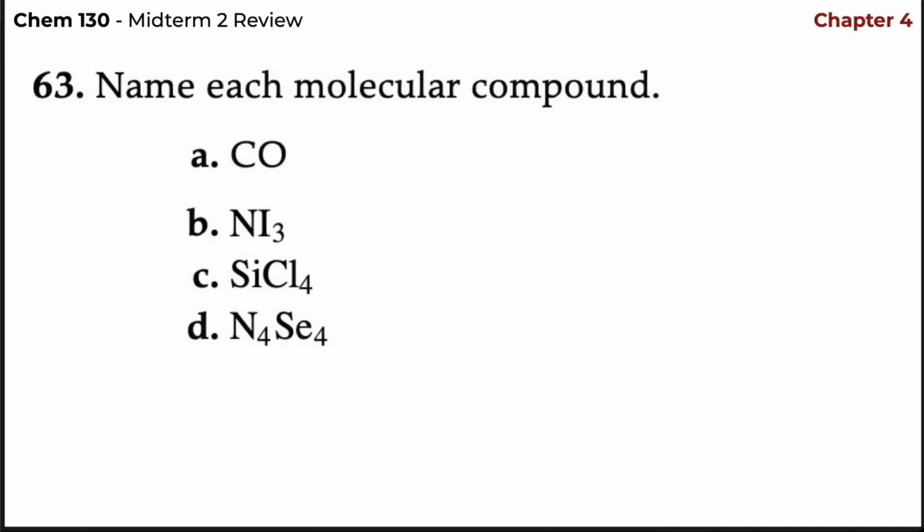These ones are pretty straightforward. Since they're molecular compounds, all you have to do is: if the first element is more than 1, you add a prefix, and for the second one you always add a prefix. First one, it's just 1, so you do carbon. The second one is 1, so you get the prefix: monoxide.